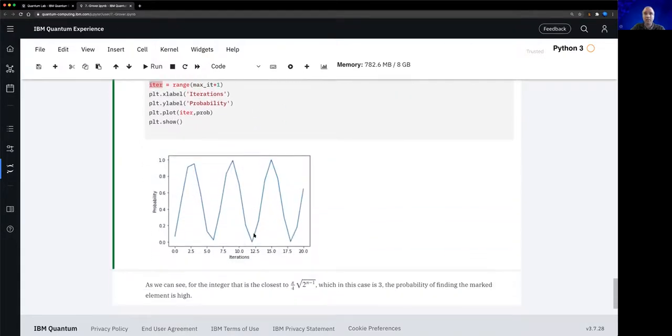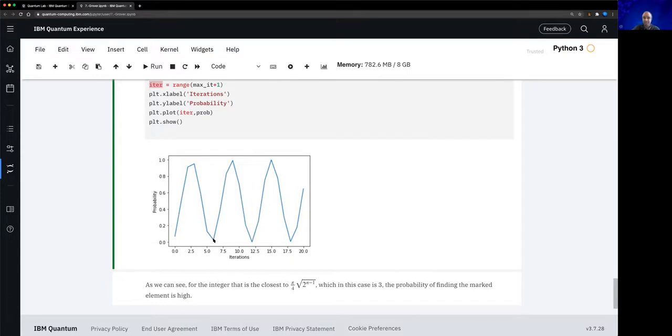And you see this very interesting graph that gives the probability of finding the marked element against the number of iterations. For 3 iterations, which is close to the theoretical value that we had derived in the slides, we obtain a very high probability. But if we do more iterations, we go back to something close to 0.